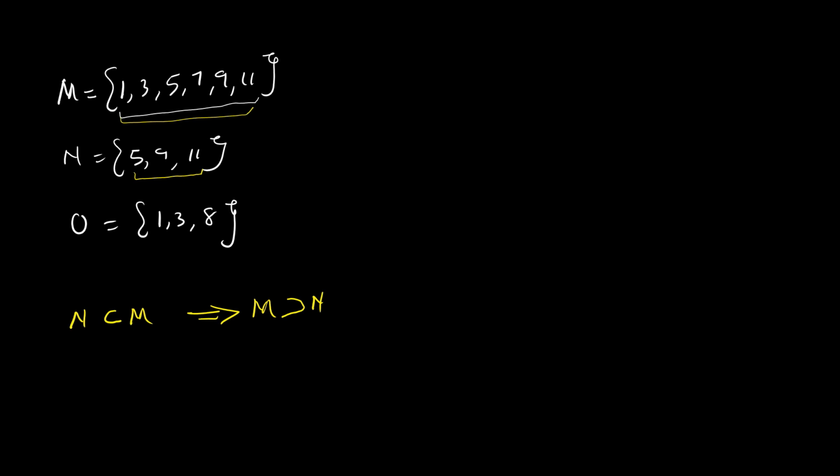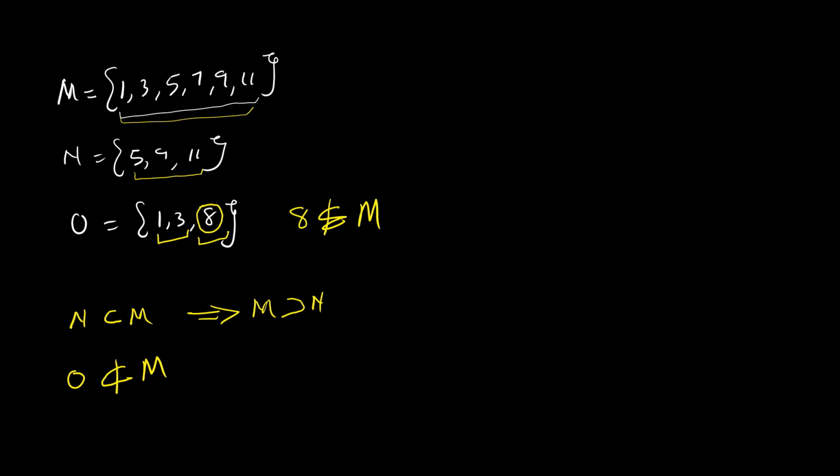But looking at set O, we have an outlier which is 8. 8 is not in set M. So we can say that 8 is not an element of set M. Therefore, it renders set O not to be a subset of set M. Even though we have 1 and 3 in set M, because of 8 which is not in set M, we cannot call this a subset of set M. So set O is not a subset of set M. I simply represent this by crossing out the subset symbol.